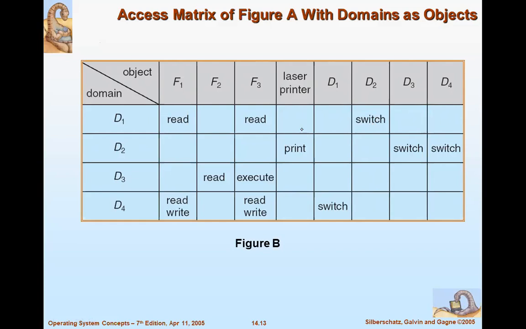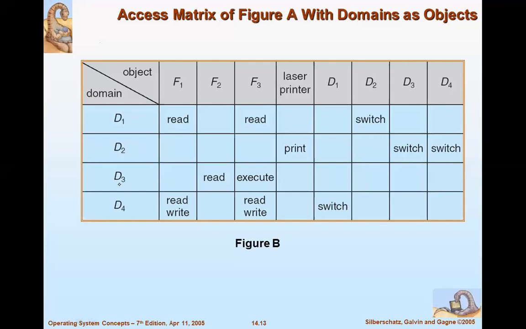So you can print and move from D1. While you are in domain 1, you still have indirect access to the printer, not direct access. But you have an indirect access to the printer by switching to D2 and doing the command of the printer, and then come back to do the read operations. Over here in domain 2, you can switch to domain 3 and you can switch to domain 4.